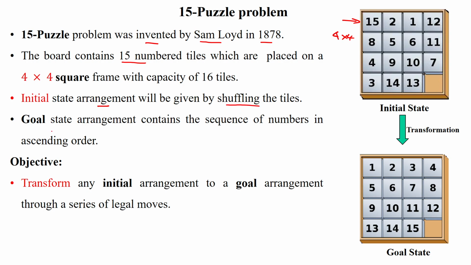The goal state is that we have to arrange the given tiles in the frame into sequential order, that is, in ascending order. So here 15 is in the first slot, but we have to arrange all the numbers in the frame into ascending order, like 1 2 3 4 5 6 7 8 9 10 11 12 13 14 15.